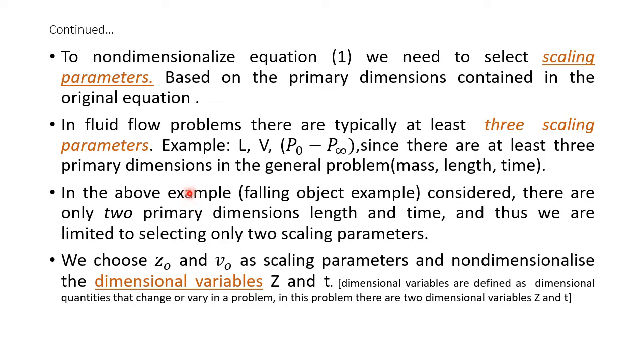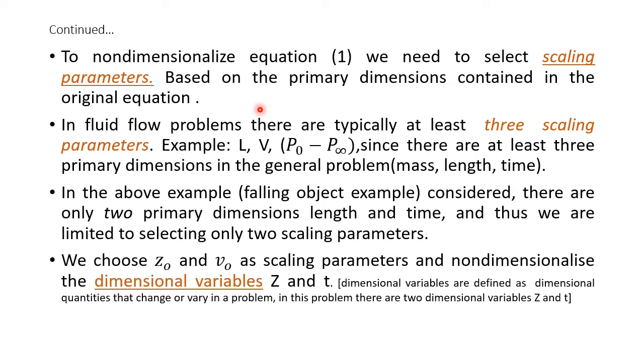Now in the previous equation where we had 5 variables, out of 5 there were 3 constants, that is z0 was constant, v0 was constant and g was constant. So the only variables were z and t, that is the height and time. So we need to non-dimensionalize that. We have to use scaling parameters such that the unit of z gets cancelled and the unit of time also gets cancelled, means we are going to remove the units.